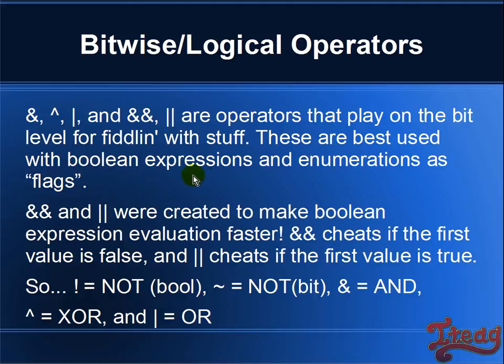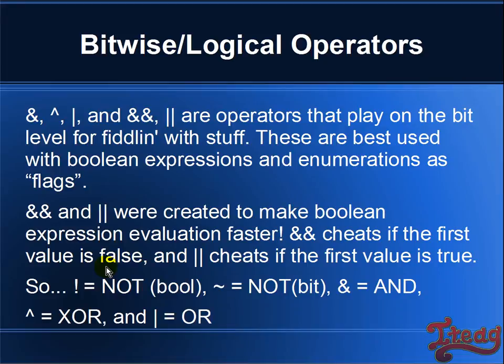So, boom, there's that. Okay, double AND and double OR. Well, yeah, I'll call it double AND and double OR. They were created to make Boolean expression evaluation faster. So AND is kind of like this AND. Double AND is kind of like this AND, but this is strictly for Boolean expressions. It cheats if the first value is false.